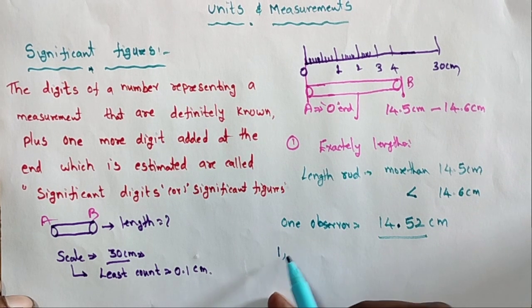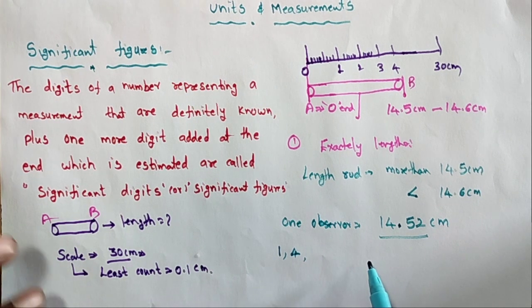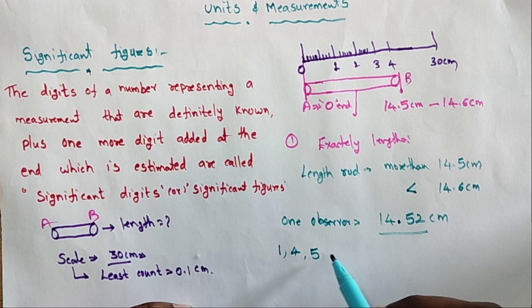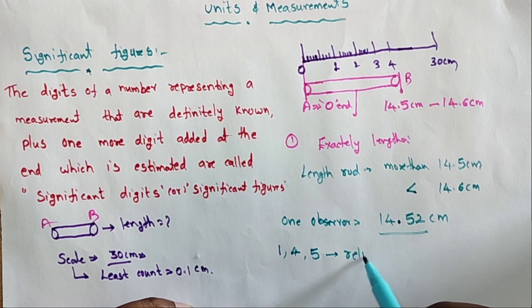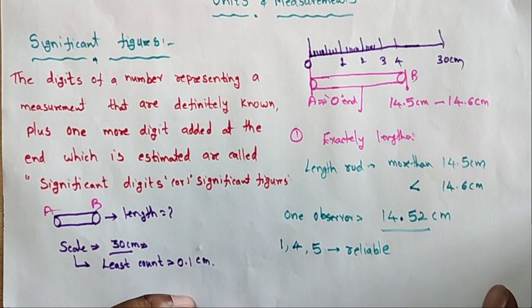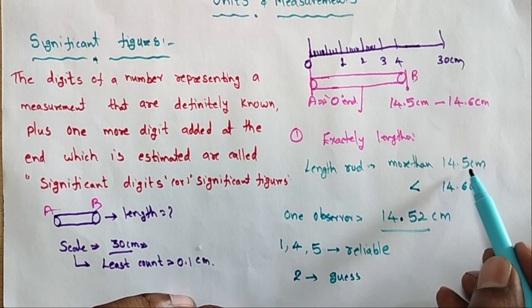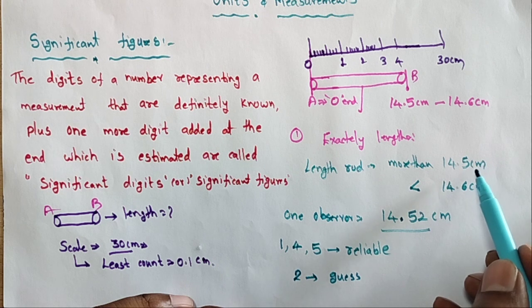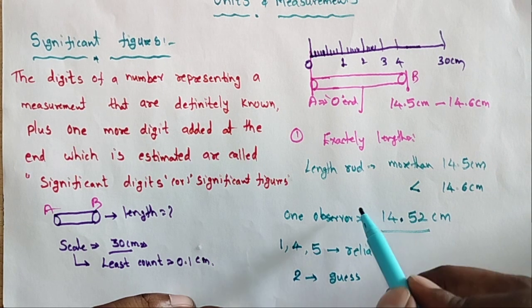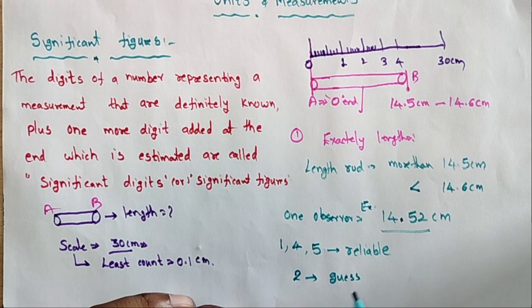Here the digits 1, 4 and 5 are called reliable digits, meaning they are exactly known. What about the 2? This 2 is a guess value, maybe 51, 52, 53, 54, 55; this is only an example, 14.52. So 2 is a guess value. Is it reliable? Not reliable.